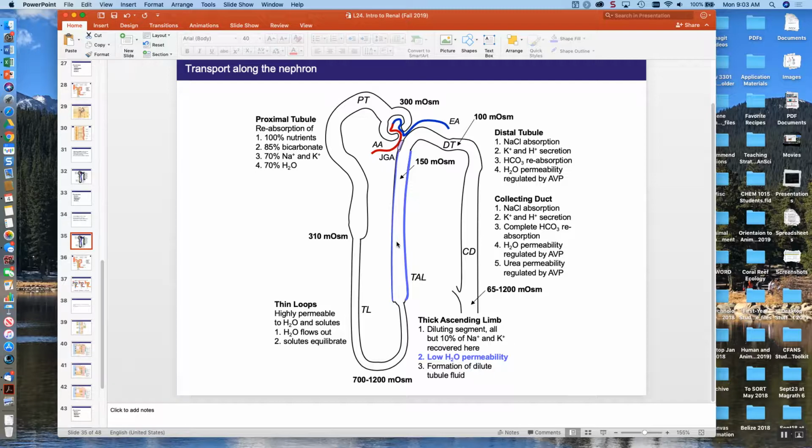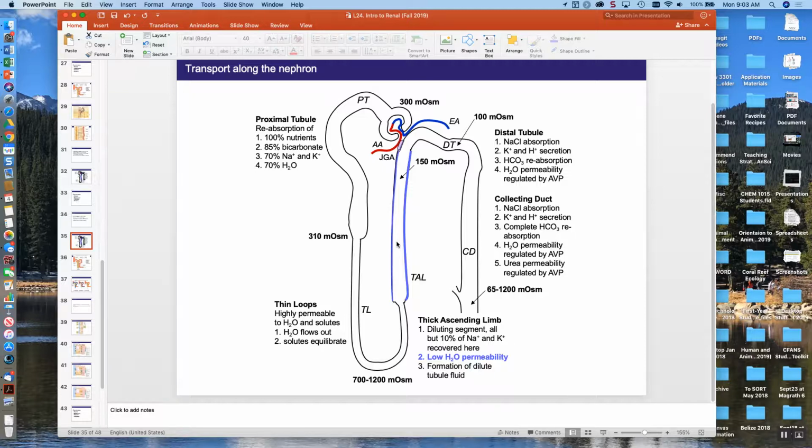All right, so this is very complicated, but why is it that Lasix is a very powerful diuretic? Here's the inside of the thick ascending limb or the collecting duct, and here's the outside.